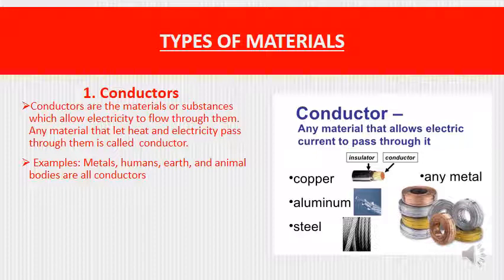When we place the metal cooking pot with water on the fire, it lets the heat from the fire pass through it to allow the water to boil. This is the easiest example of conductor. Conductors are metals, humans, earth and animal bodies. Others can be copper, aluminum, steel, and any metal is called conductor, as they have the property to allow the electricity or heat to pass through them.